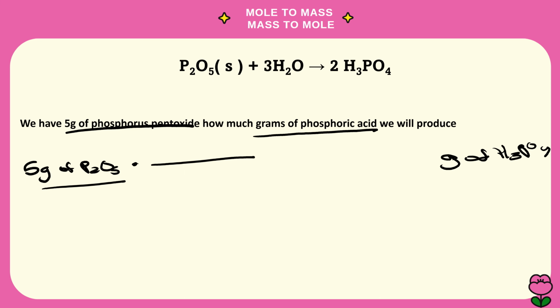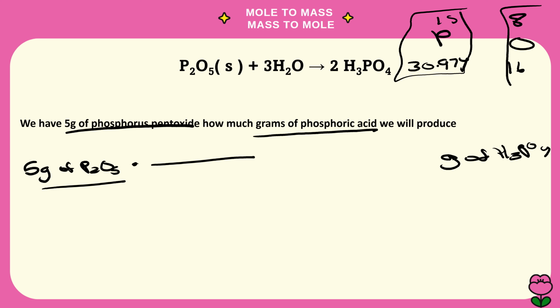So how should we do that? First, we want to get rid of the grams. To do so, we know that phosphorus in the periodic table has 30.974 grams, and you can look that up from your periodic table. Oxygen has an atomic number of 8 and a mass of 16. For phosphorus pentoxide, the weight will be phosphorus times 2, because we have 2 phosphorus, and oxygen times 5.